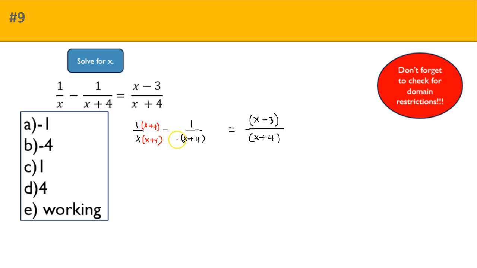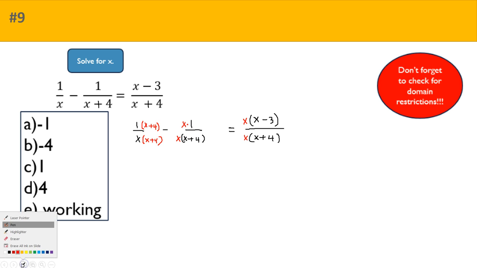It just looks a little different. Here we're going to multiply x in the denominator and the numerator. And here we're going to multiply x in the denominator and also in the numerator. As you can see, in the denominator we have x times x plus 4, x times x plus 4, and x times x plus 4. So now the denominators are all the same.